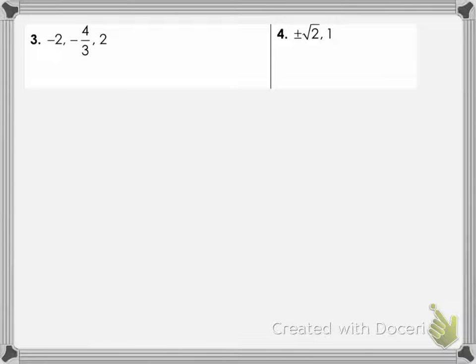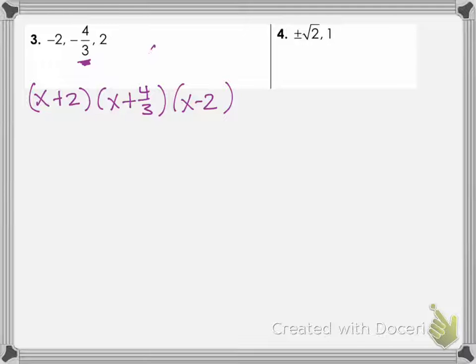Okay, because this has this, I'm going to show you a trick for that. This would be x plus 2, this would be x plus 4/3, and this would be x minus 2. Now if you don't want to use fractions, this is very important, you can change this to 3x plus 4.